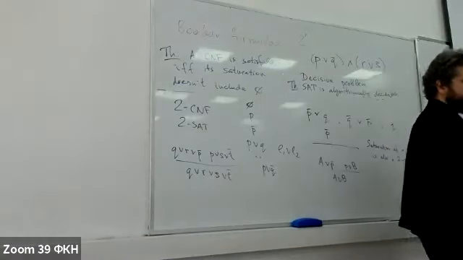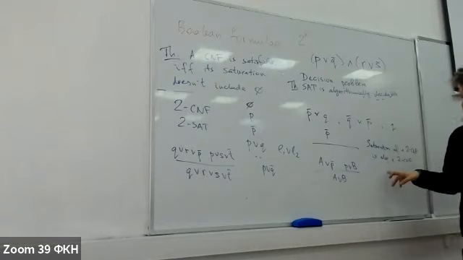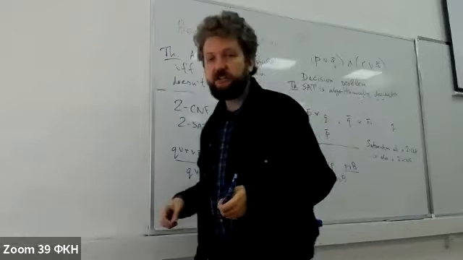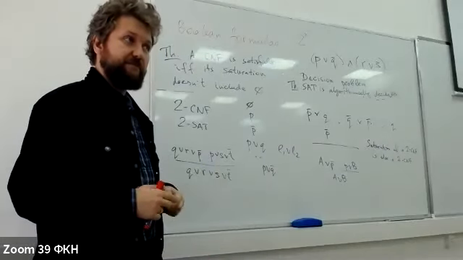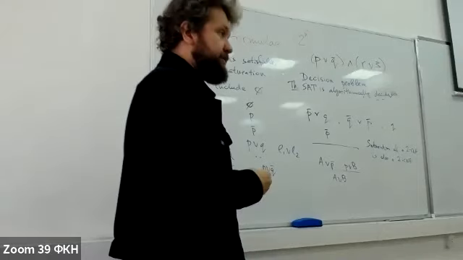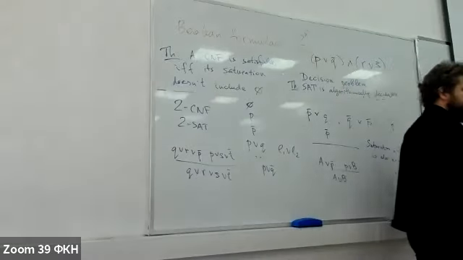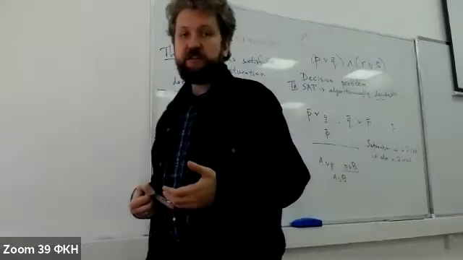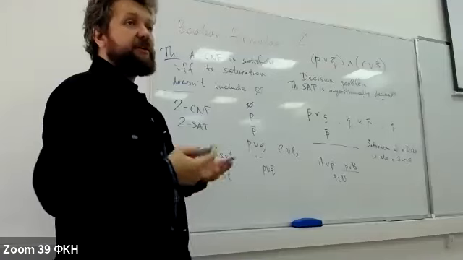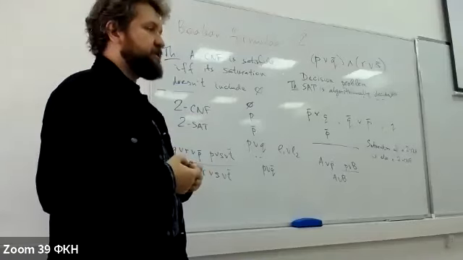But in a 2CNF, applying resolution does not yield bigger clauses. And now we have to do a bit of combinatorics. Suppose that we have n variables and a 2CNF. What is the maximum possible number of clauses there could be?